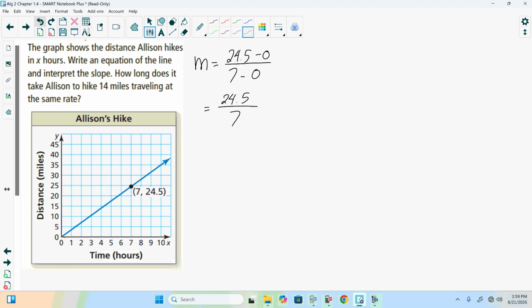However, we cannot leave the slope as 24.5 over 7. Why? We can't have a decimal and a fraction in the same thing. We have to have one or the other.